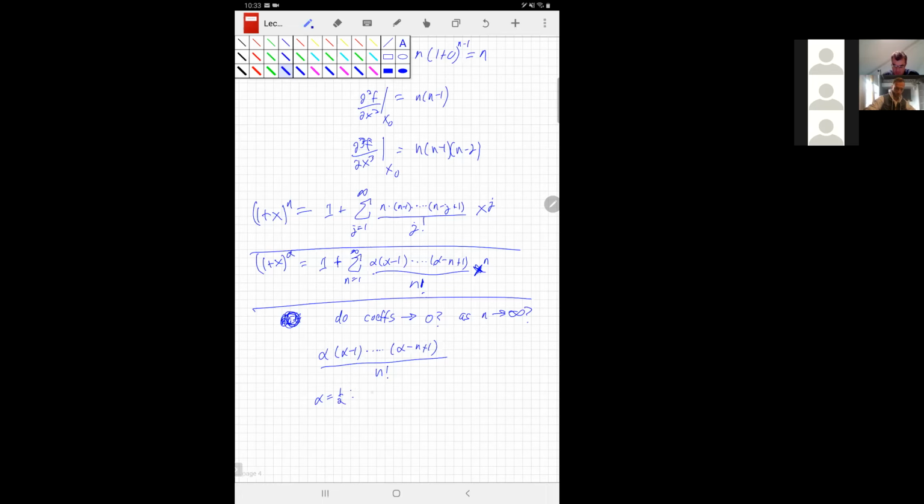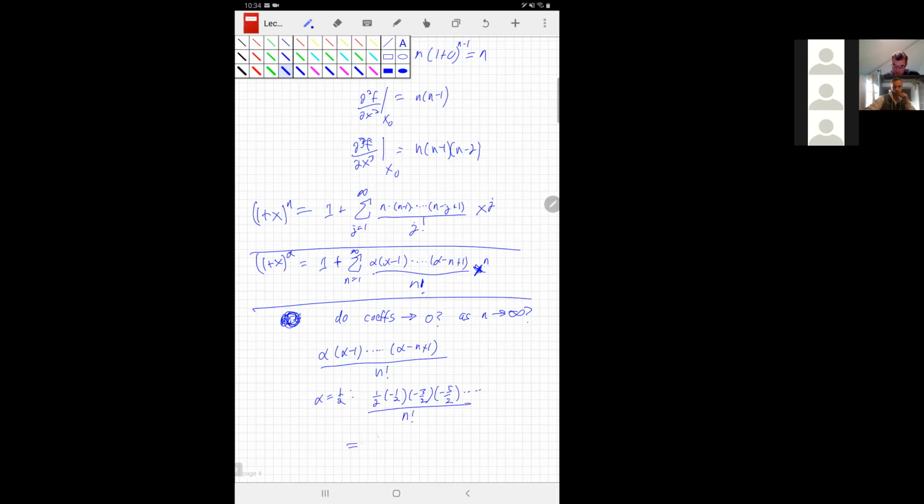All right, so what we're going to have is 1/2 times negative 1/2 times negative 3/2 times negative 5/2 and so forth. We're going to get a bunch of negative numbers, and we're going to get 2 to a power, negative 1 to a power, and then a bunch of odd integers.